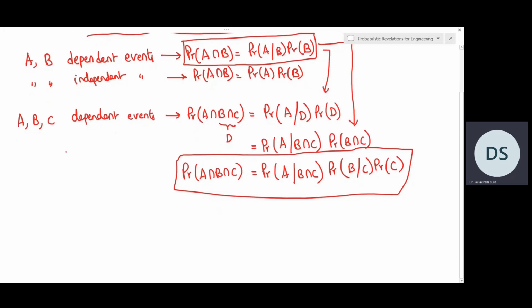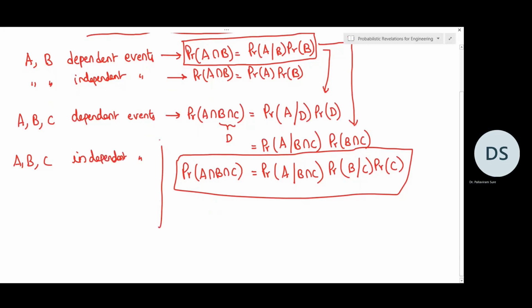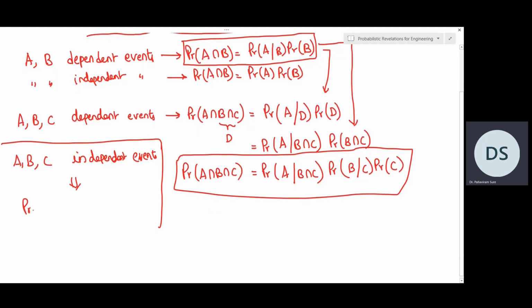Now let us say that these three events A, B, C are independent events. In this case, probability of A intersection B intersection C can be written as probability of A, probability of B, probability of C. So product of three different individual probabilities.